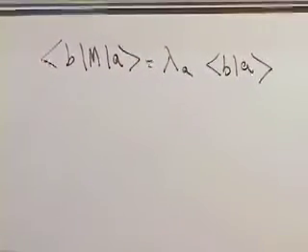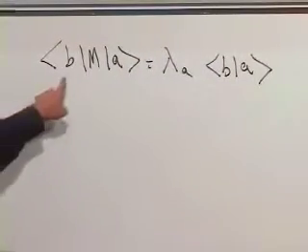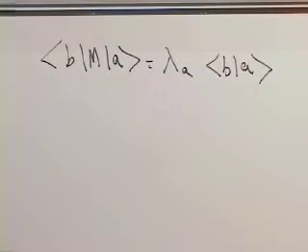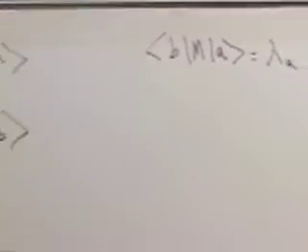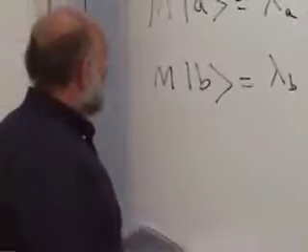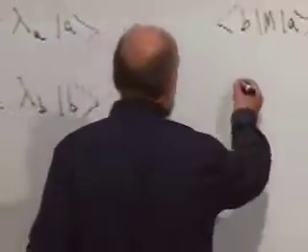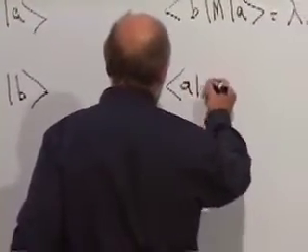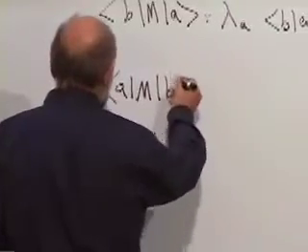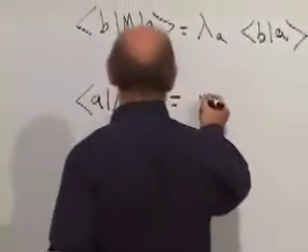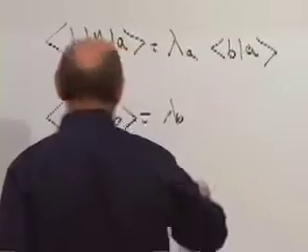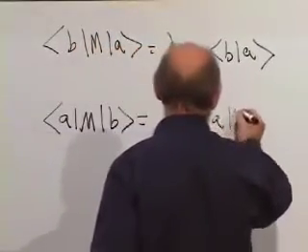I've multiplied both sides by the vector B. I'm going to do a similar thing here. I'm going to multiply both sides by A. And so we get A M B equals lambda B times AB.